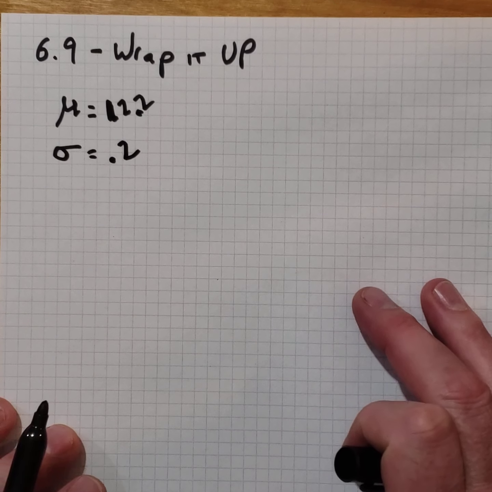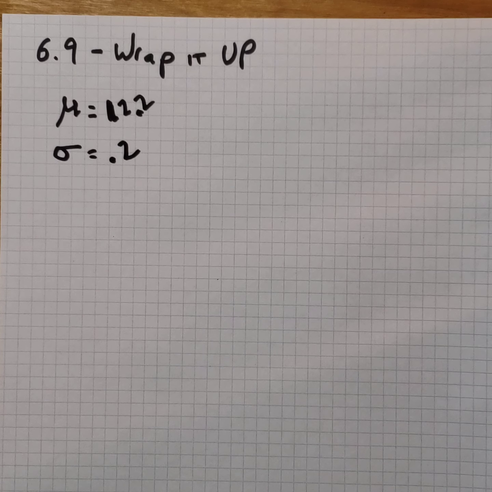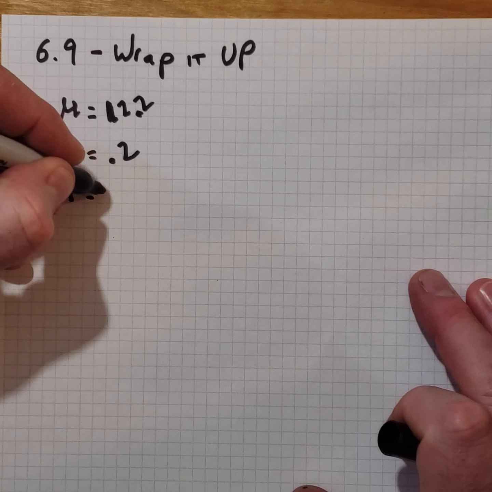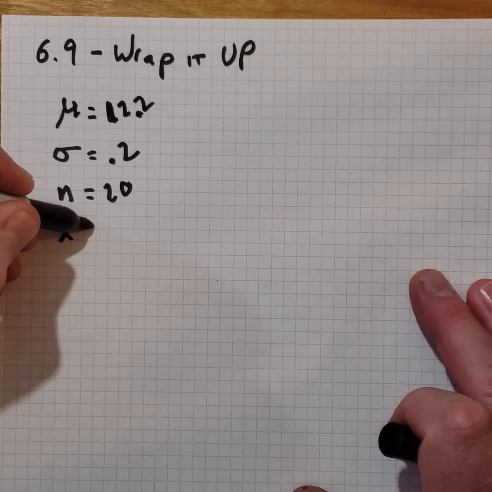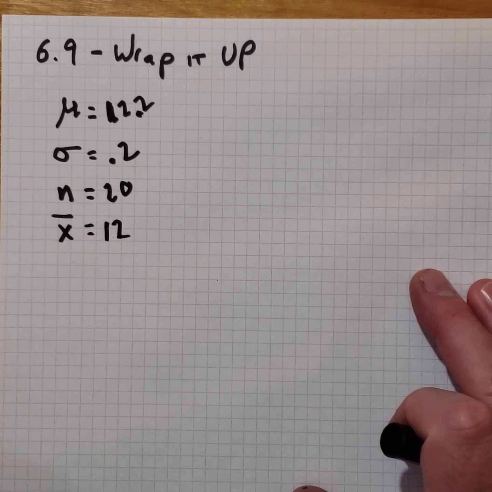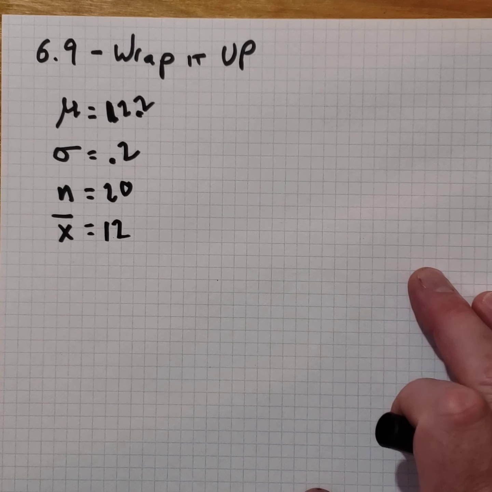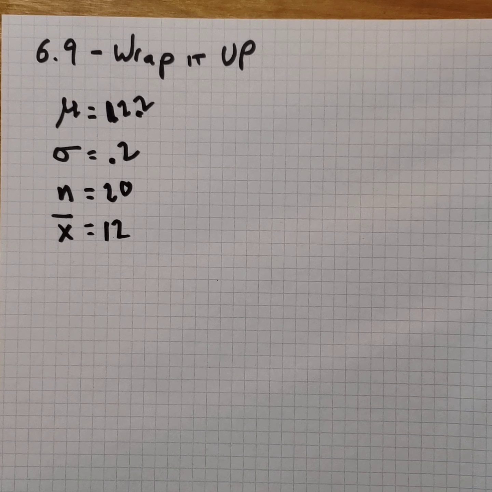So we're going to accept their claim about standard deviation, and that'll be a z-test. I measure 20 and find that the average length for my sample is exactly 12. Does my data convince me to doubt their claim?